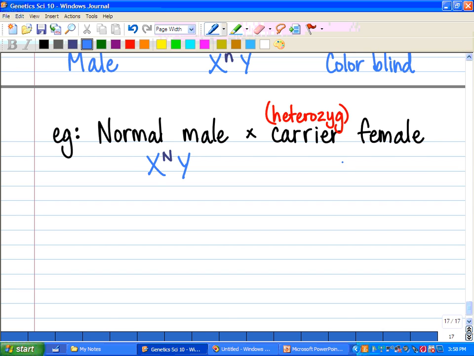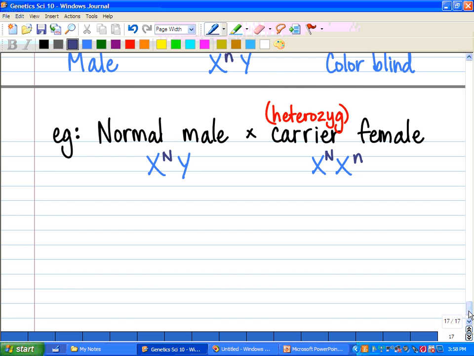Your carrier female, mom over here, females we know are XX, and carrier means you have that recessive allele but you don't show it because it's getting dominated. It means they're heterozygous. So this female will have X with a capital N, but they've also got that color blindness gene in there as well, X with a lowercase n.